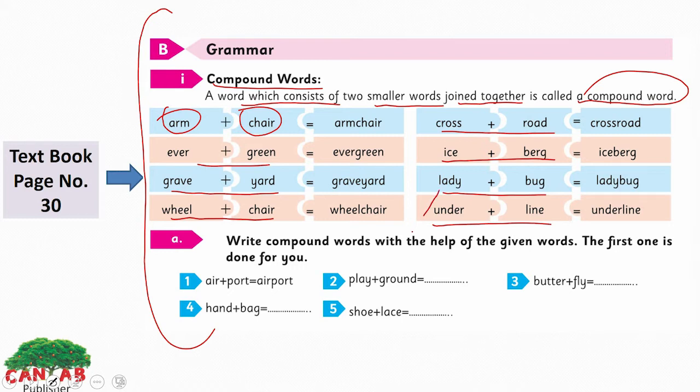Here, if we look at the lady. Lady means a lady, a female, and the bug can be any bug. But if we join them together, it is a specific bug. Ladybug, the one with the black dots like this.